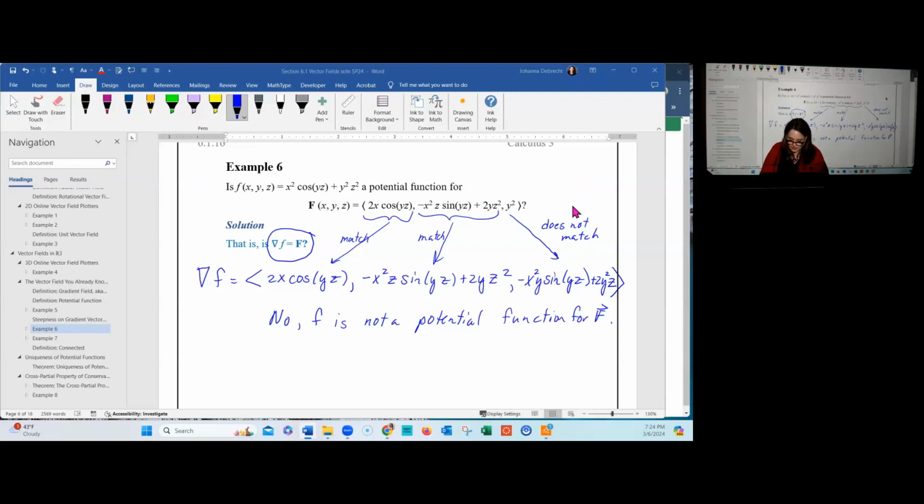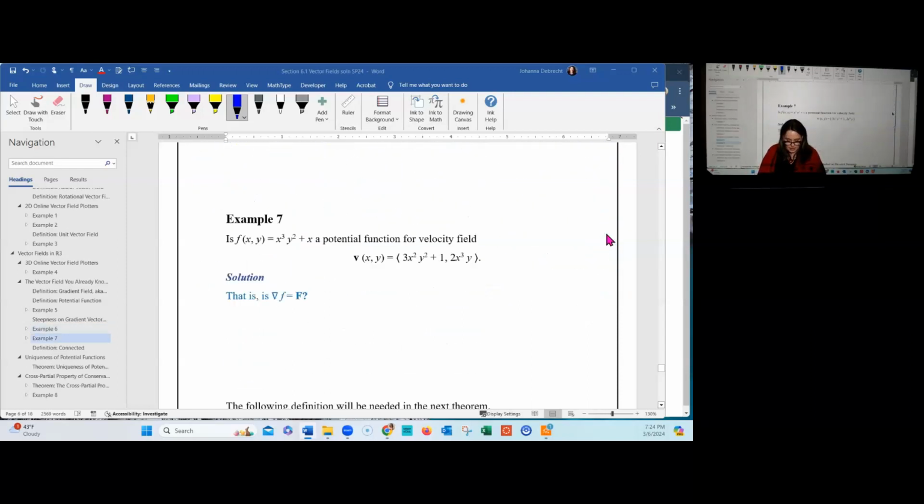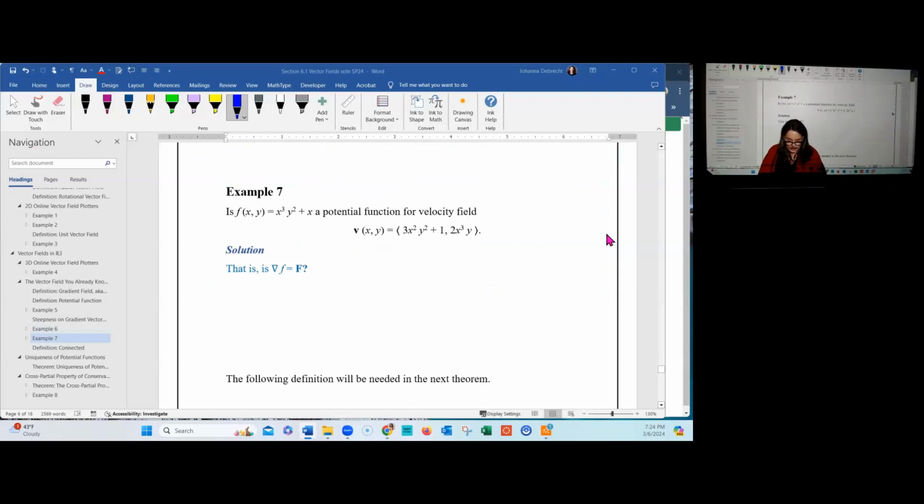Let's take a look at another example. Let's take a look at the function lowercase f of x and y equal to x cubed y squared plus x. Is this a potential function for the velocity vector field v of x and y given to be 3x squared y squared plus 1, comma, 2x cubed y in angle brackets?